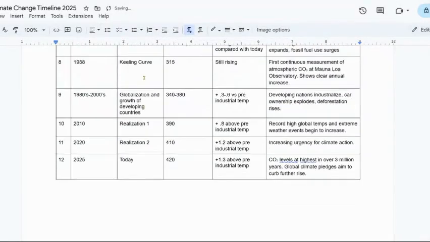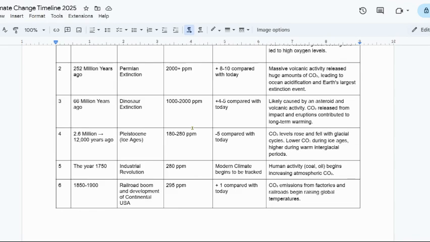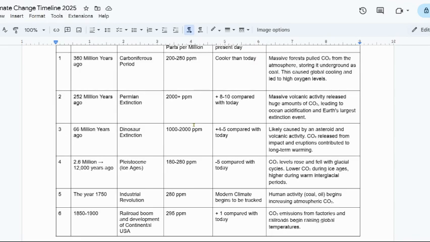And now we need to scroll back up, and you're going to take the same. This was called the Carboniferous period. We were at 200 to 280 parts per million. So this is less than it is today.